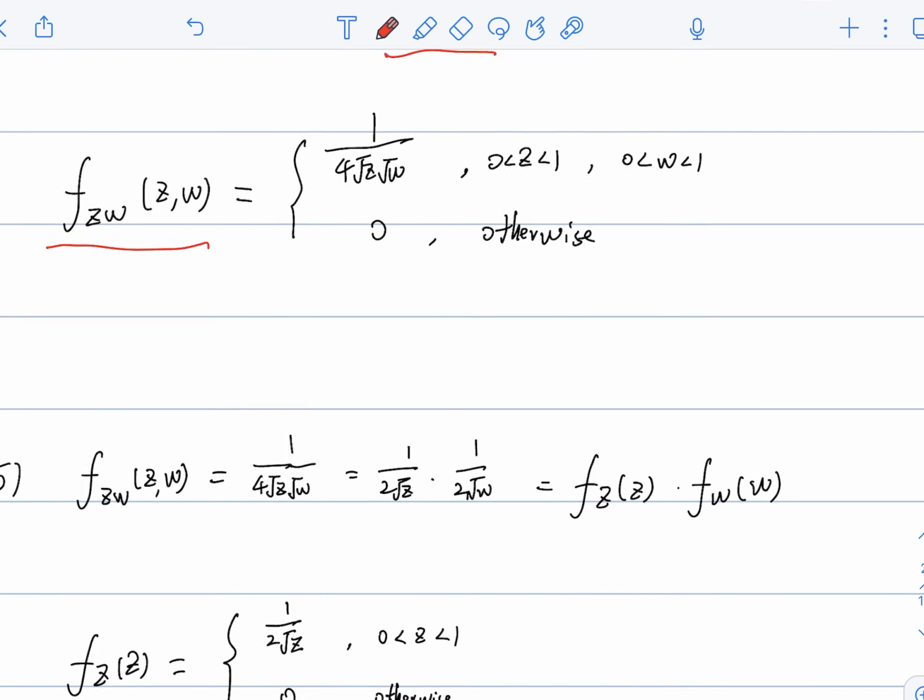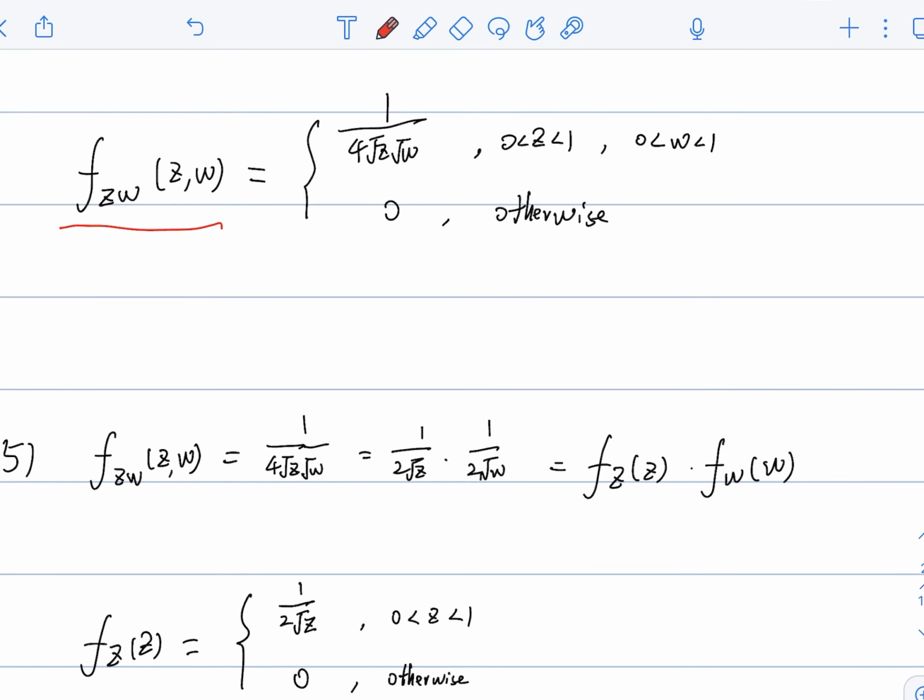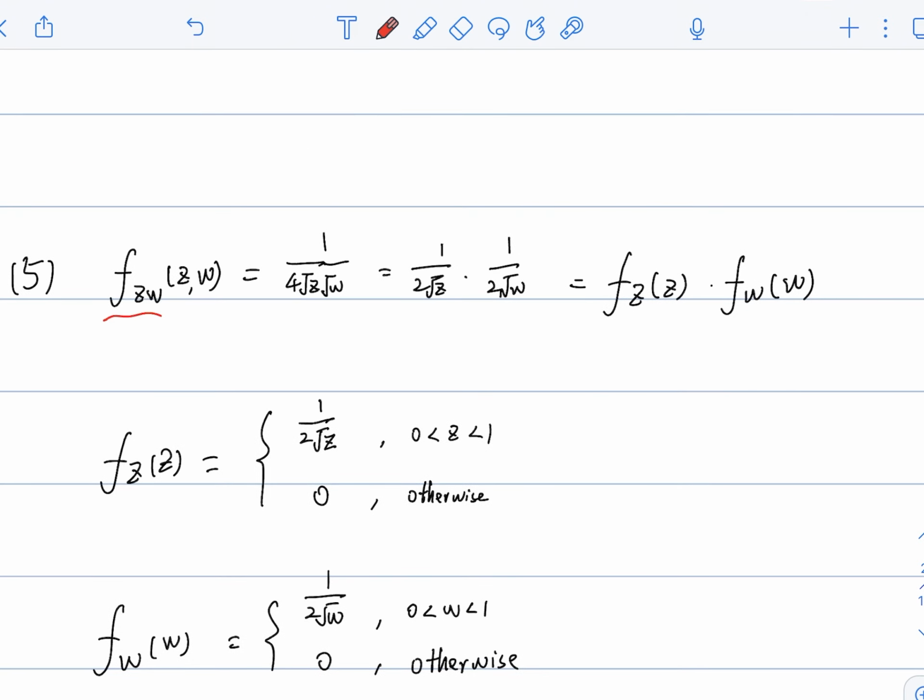Firstly, from the previous question, we get the joint density function of z and w, where z is equal to x squared and w is equal to y squared, which is equal to 1 divided by 4 times the square root of z and the square root of w.